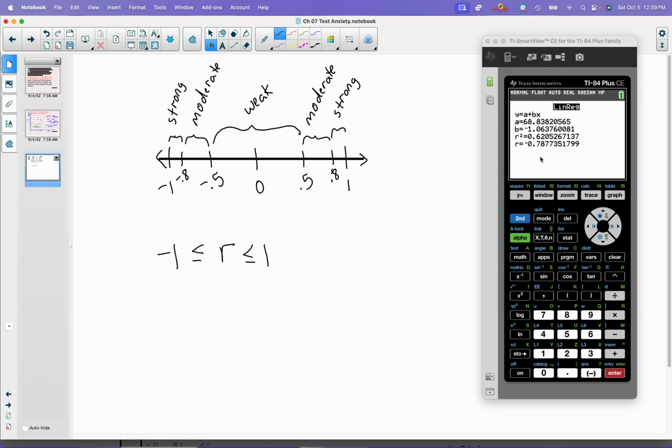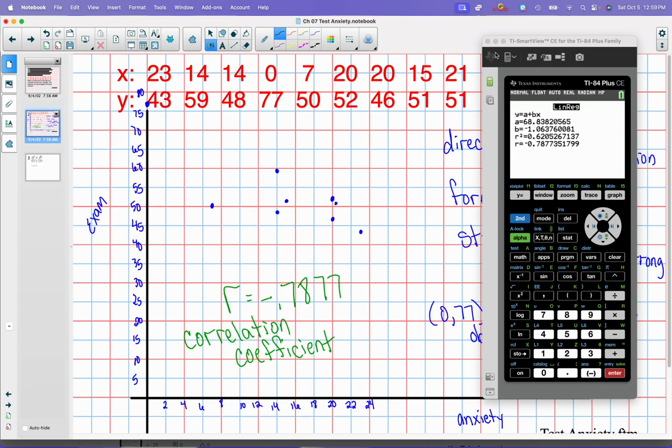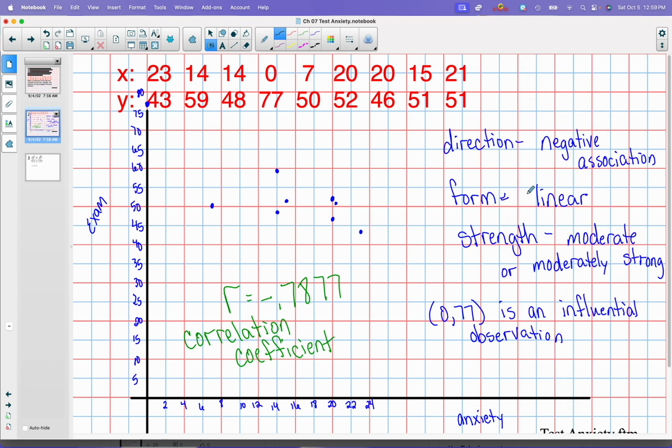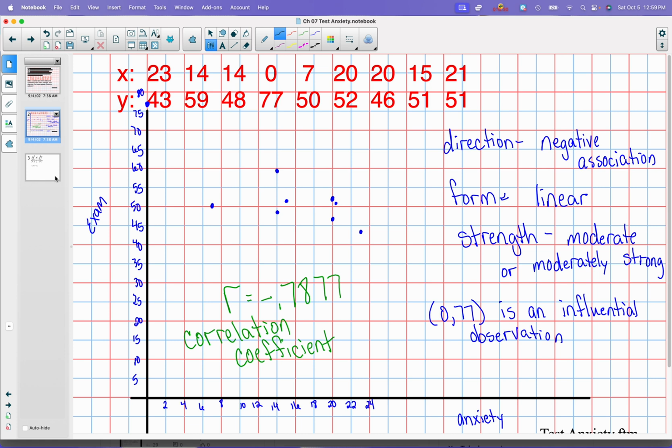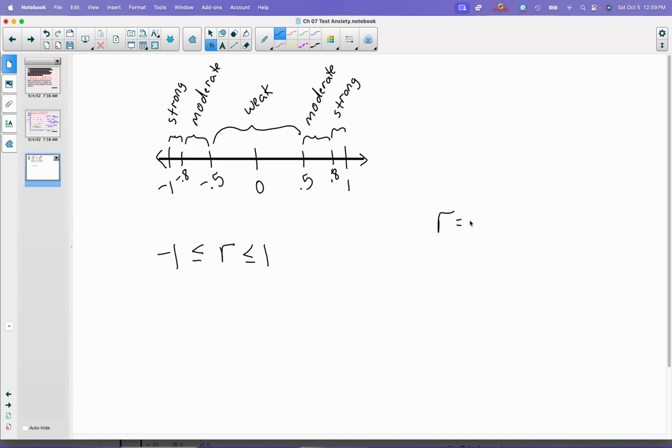Notice that when I went back, I talked about it and said moderate, and then I changed it to moderately strong. If I look at my little chart and think about R being negative 0.7877, it's almost to the strong, but it's still in the moderate.